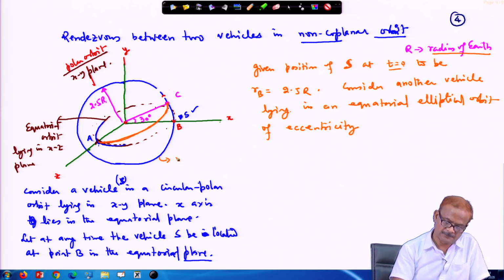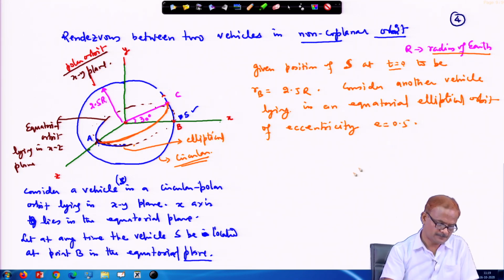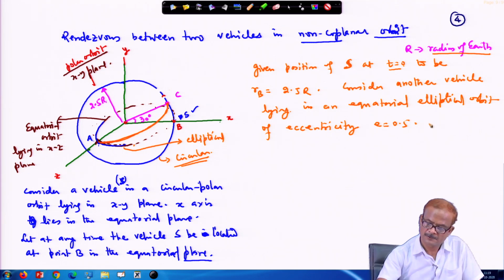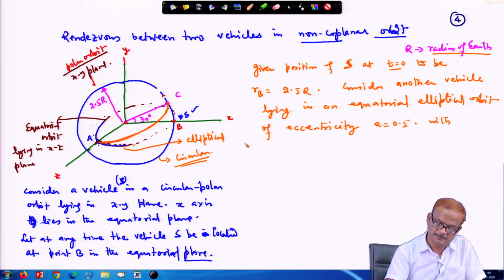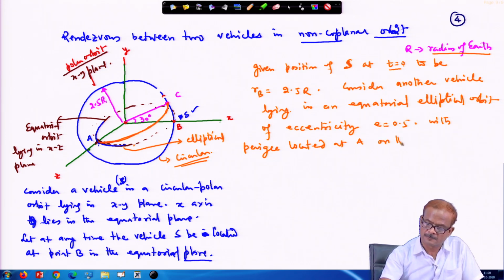This is the circular orbit and this is your elliptical orbit.